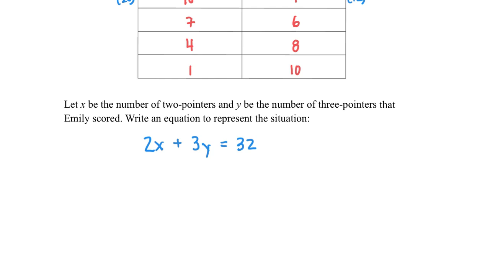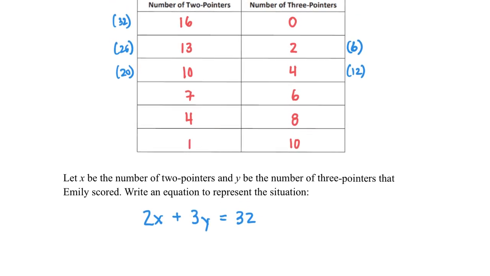So this is our equation in two variables, and I can do a lot of stuff with this. All these combinations that I came up with, 16 and 0, 13 and 2, 10 and 4, could all be coordinates that I could actually plot on a graph. So I could plot the coordinates (16, 0), (13, 2), (10, 4). I could plot those on a graph.